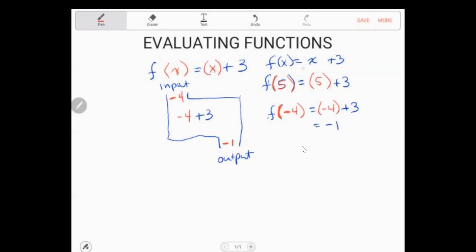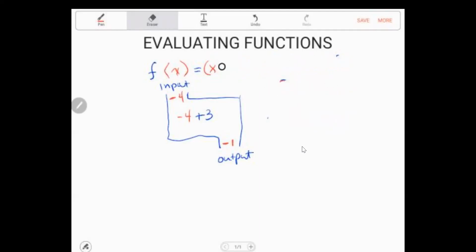All right, so that's a little intro. Now we can have very complex functions, but let's make one a little more complex. We'll make this a quadratic. We'll call this f of x equals 3x squared plus 2x minus 5.